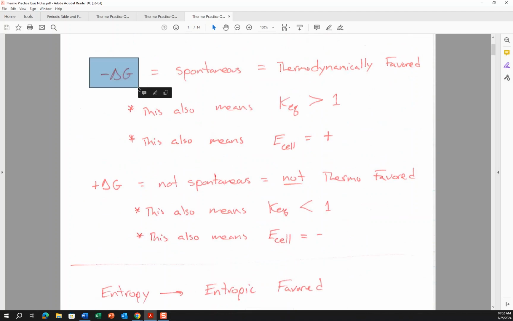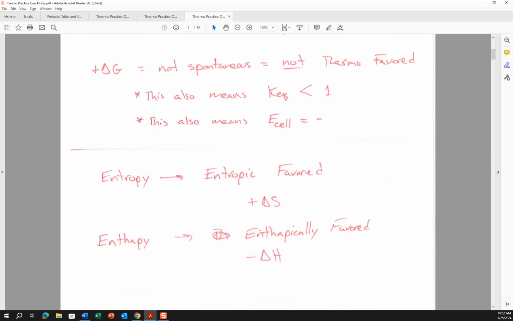If delta G for a reaction at a given temperature is negative, and you have, let's say, a negative delta S, then that means the enthalpy change must be a negative delta H, and the reaction's being driven spontaneously because it's enthalpically favored. It's favored in terms of the enthalpy change.